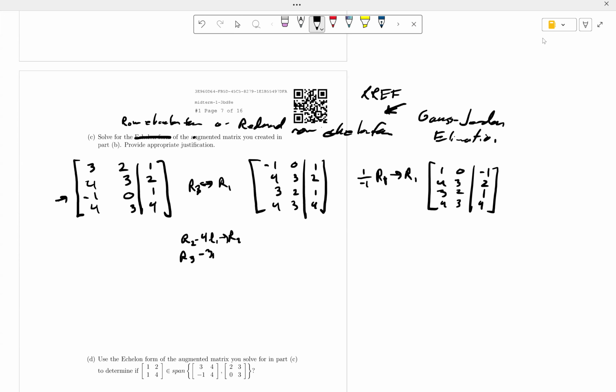R3 minus 3 R1 replaces R3. R4 minus 4 R1 replaces R4. This gives 1, 0, -1, 0, 3, 6, 0, 2, 4, 0, 3, 8.